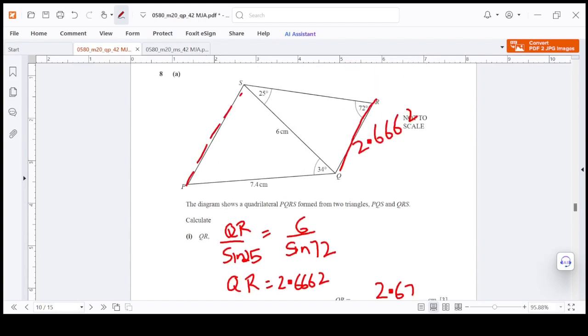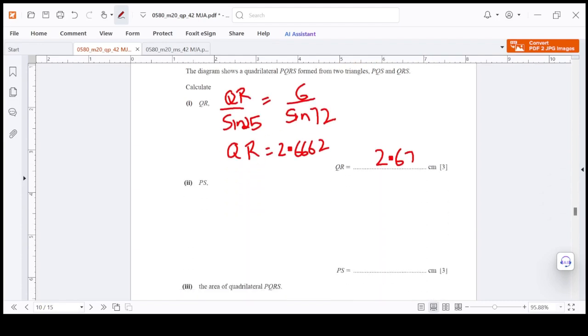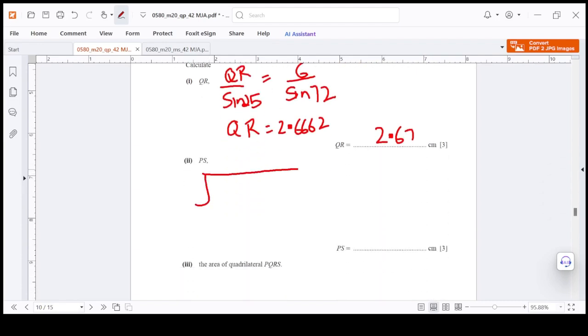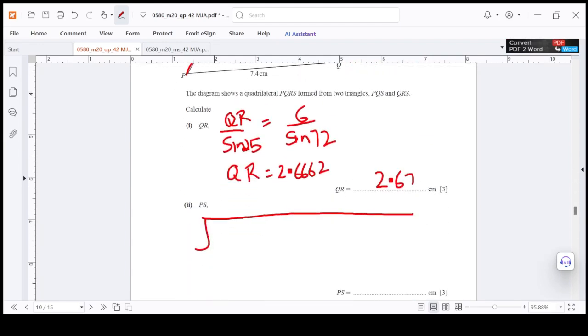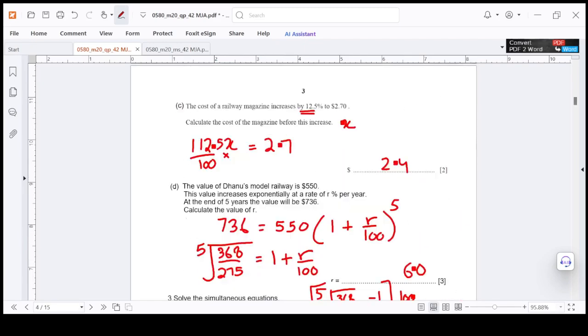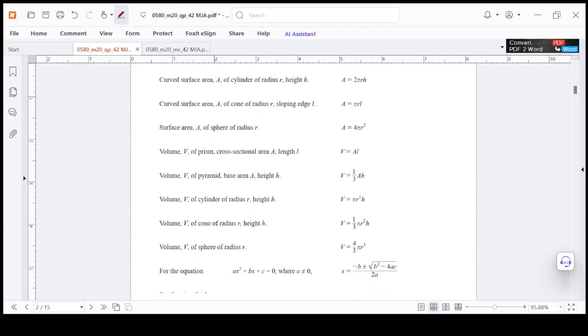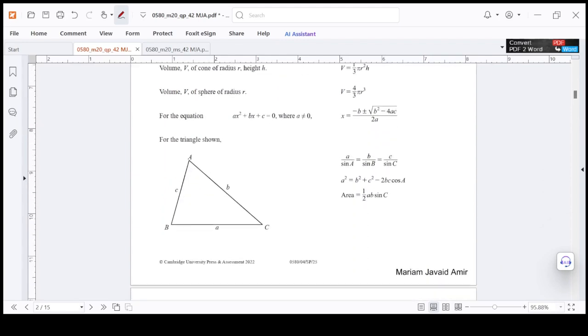So now we have two sides and a middle angle. That's going to be cosine rule. It's going to be square root of 6 squared plus 7.4 squared. By the way, the formula sheet now has sine rule and cosine rule given. Let me show it to you. I think they were, yeah, no, they weren't there already.